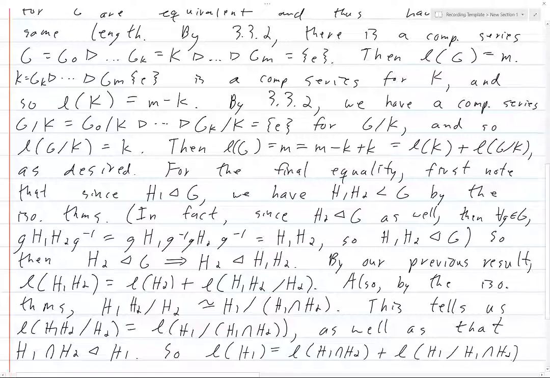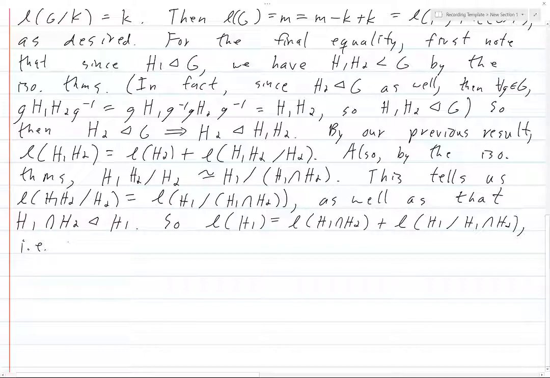But now, the length of H1 mod H1 intersect H2 is equal to the length of H1 minus the length of H1 intersect H2.